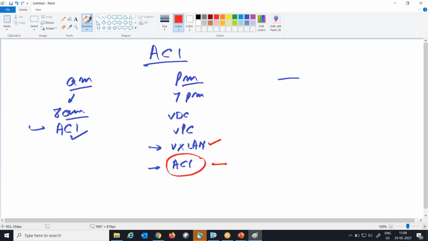If you want to join only for ACI, the fee for ACI is 25K INR. So only for the ACI also you can join. That's not a problem. We do have this module-wise leverage as well.